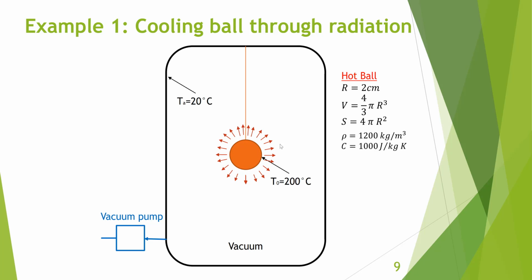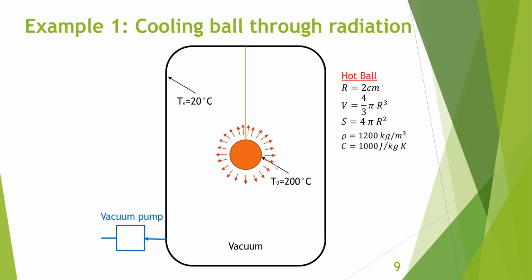So this sphere has a radius of 2 centimeters, a volume, a surface, a density of 1,200 kilograms per cubic meter, and a capacity of 1,000 joules per kilogram per Kelvin.